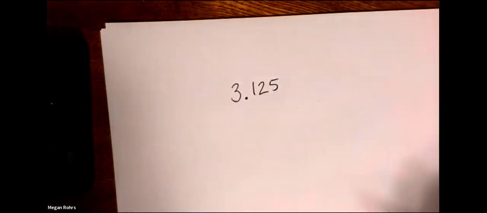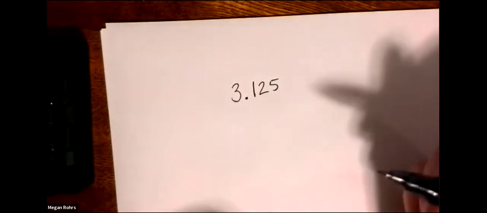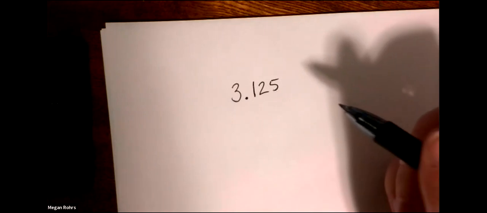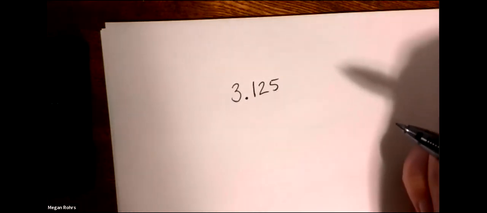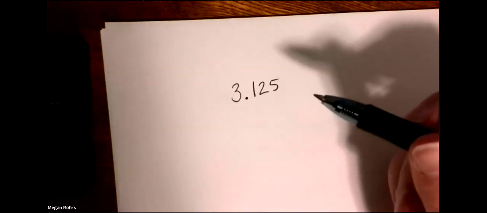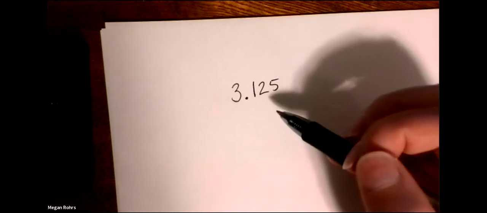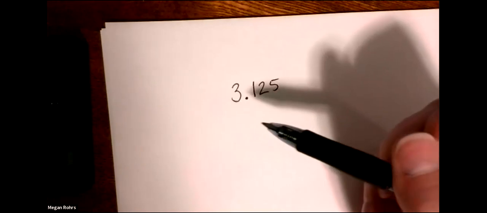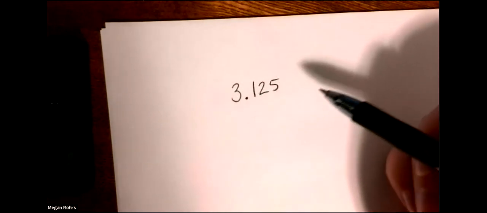So 3.125, for example. Now, when we start looking at decimals, I think it's very easy to change a decimal into a fraction if you first practice how to say the decimal correctly. Usually, like I just said earlier, we just say 3.125.